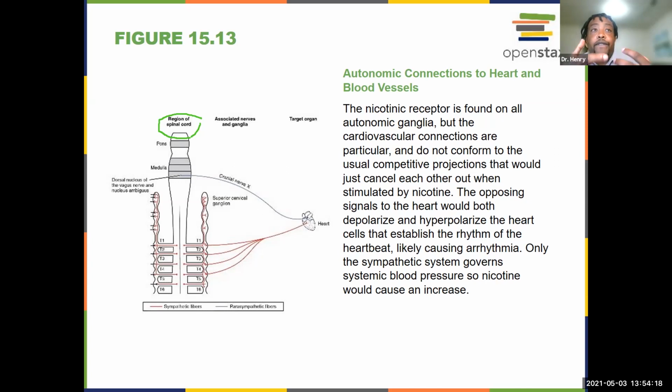Now it's going to affect the system, right? Because we know that when we smoke cigarettes, it causes our blood pressure to go up, right? And that's a result of the sympathetic system governing that part of it. So you're getting an increase that way, where the normal heart function and normal breathing are not being affected.